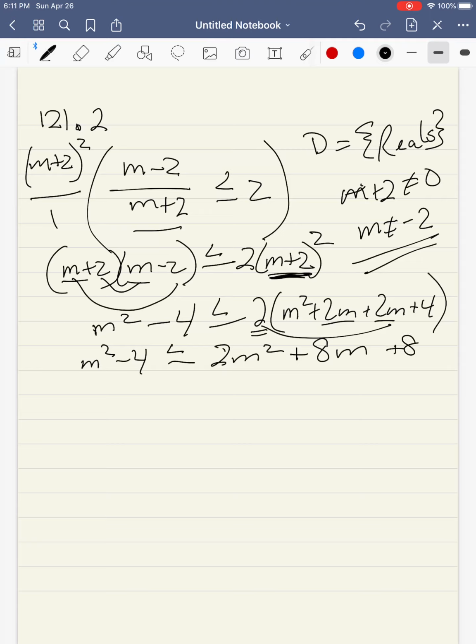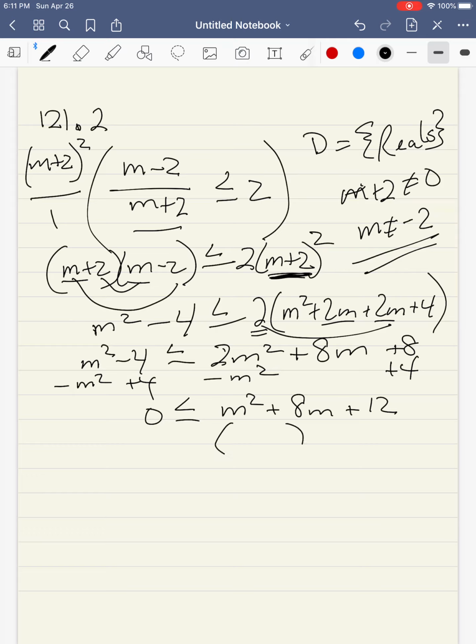All right, now remember we want to set this equal to 0, but we also want to keep the m squared term positive. So we're going to go this direction, minus m squared and plus 4. So we'll have 0 less than or equal to m squared + 8m + 12.